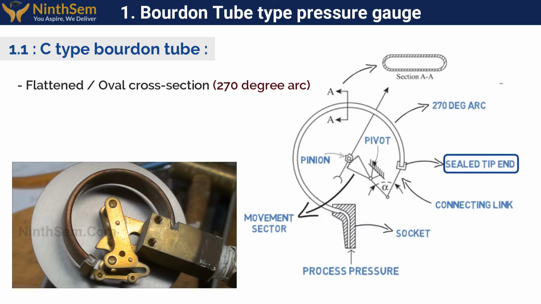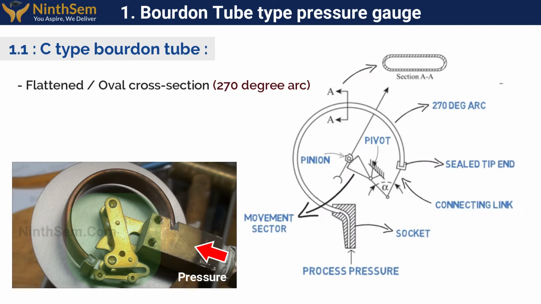The tip end of the Bourdon tube is completely sealed and connected to a connecting link. At the bottom of the C-type Bourdon tube, there is a supporting tube which is connected to the process fluid whose pressure is to be measured. Now when pressure is applied at the bottom of the C-type Bourdon tube, what will happen?